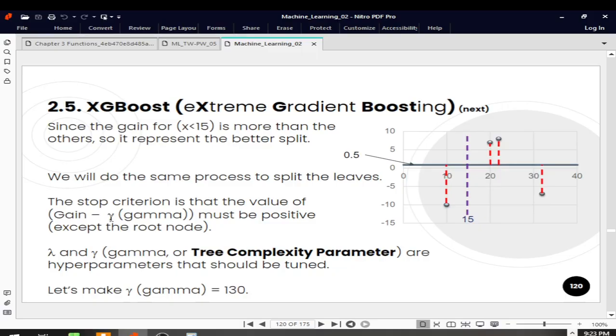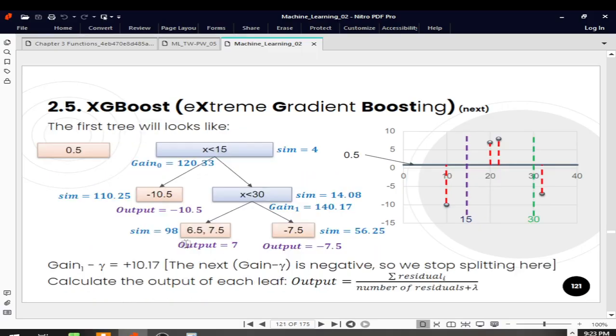But if the gain minus that complexity factor is positive, we are allowed to keep dividing. By default we take it as 130, and it's going to be tuned. This is a hyperparameter that we are going to be tuning, also with lambda, but for simplification by default we take lambda as 0.